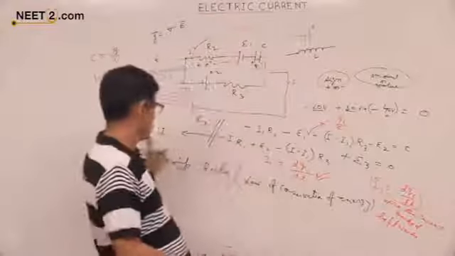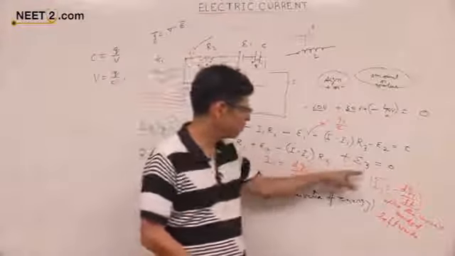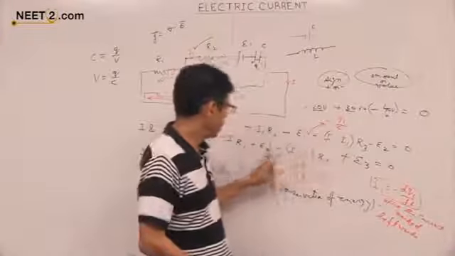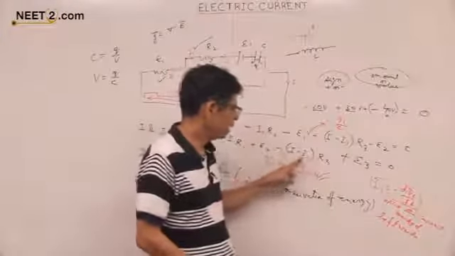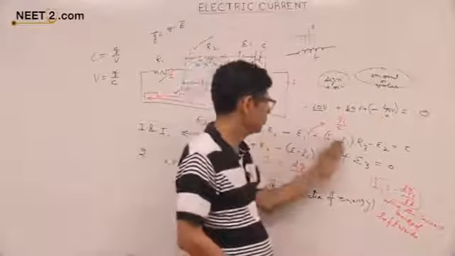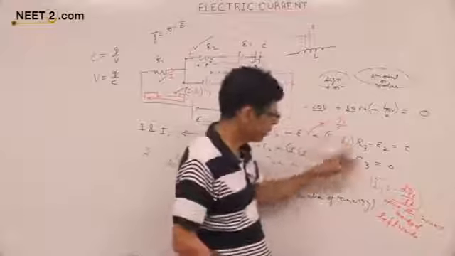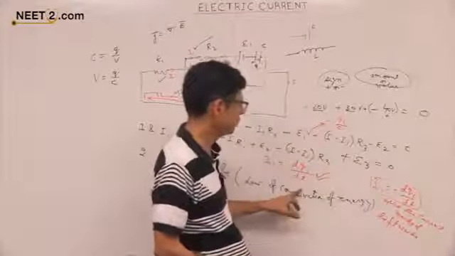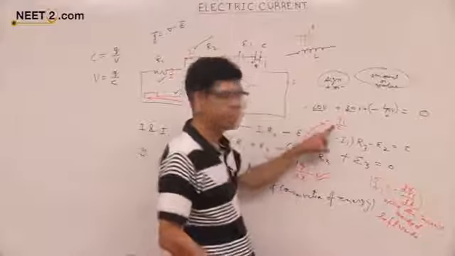Only I is what I have introduced. So I will find the value of I in terms of numbers and put it here. So in this equation the value of I will be in terms of numbers and I1, so everything here will be in terms of I1. And in place of every I1 I will put dq by dt. Sorry, dQ1 by dt. Okay, and then there is this.